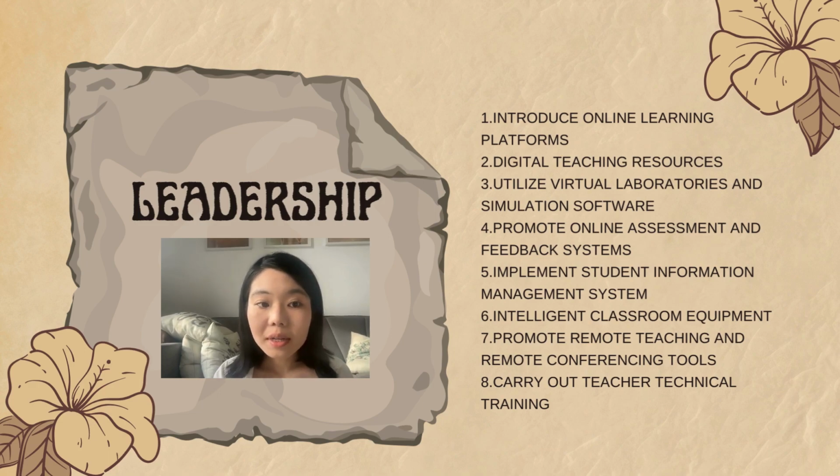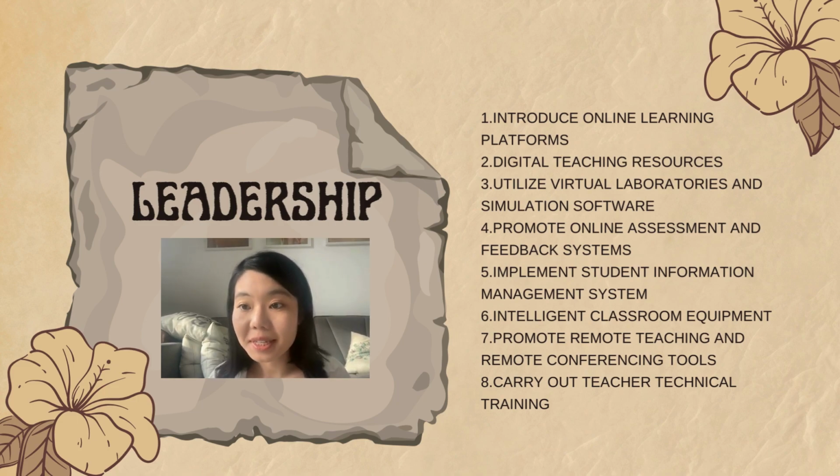The fifth one is implement student information management system. Establish a student information management system to uniformly manage students' personal information, course resources, and other data to improve school management efficiency.